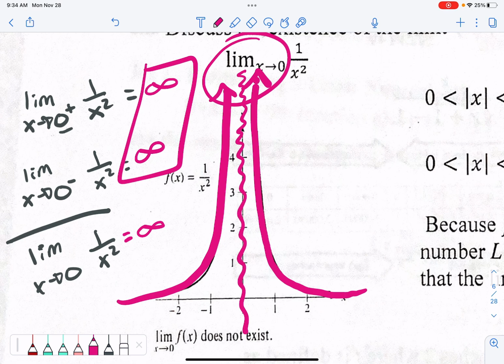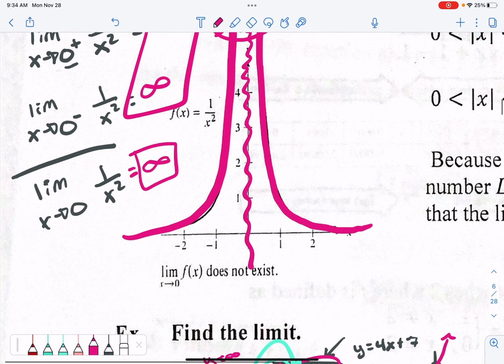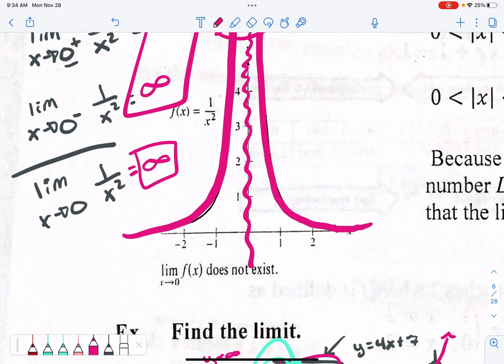Now, here's the deal. If you say infinity, I will say, okay, that's correct, technically. But since infinity is not an actual value, they say that the limit does not exist because it does not have an actual y-coordinate value at that point.